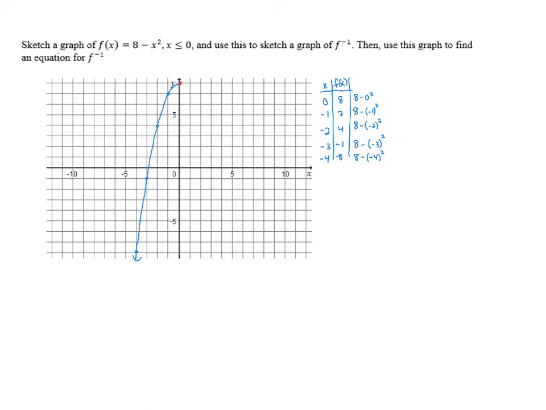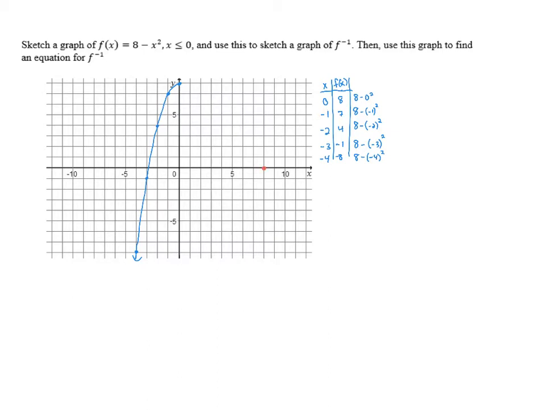Now we know that we need to reflect each of these points across the line y equals x. We can either draw in the line and do that, or we can just switch the coordinates. And I'm going to switch the coordinates to make our life easier. Instead of (0, 8), we're going to have (8, 0), which is right here.